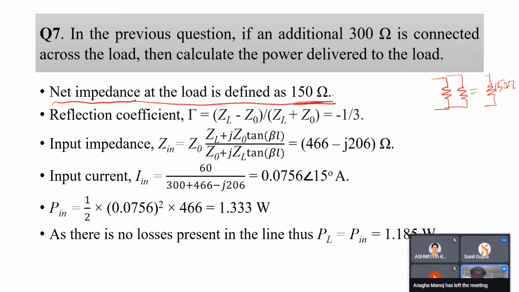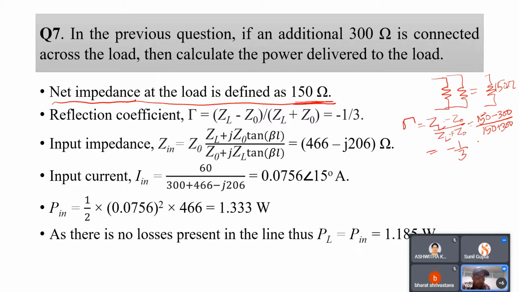The reflection coefficient is ZL minus Z naught over ZL plus Z naught, which equals 150 minus 300 divided by 150 plus 300. So this will come out as minus 1 by 3.